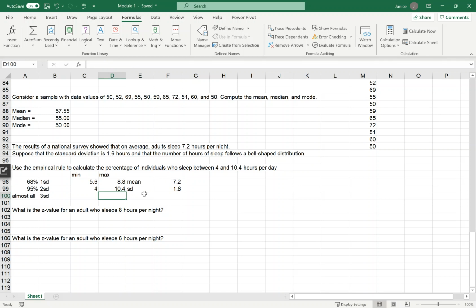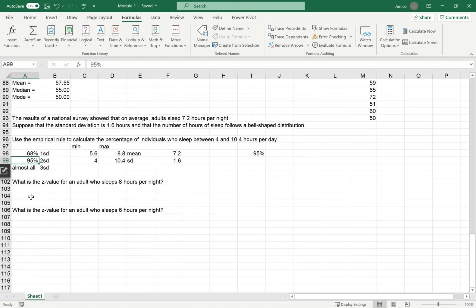And it's 10.4. So because I got this value, now I know the answer is 95%, because the empirical rule says so. And you will see this will pop up again in future modules. So this is definitely something you want to commit to memory because it will reappear. So the percentage is 95.